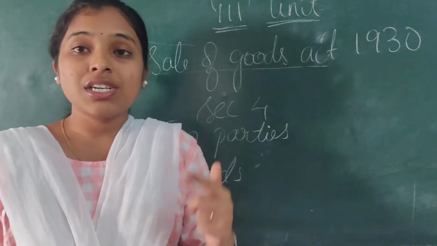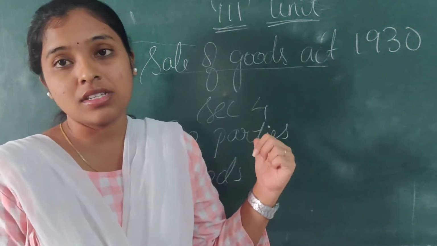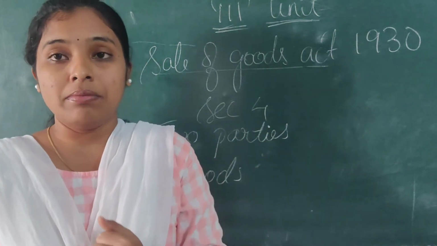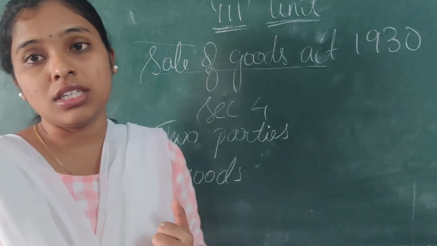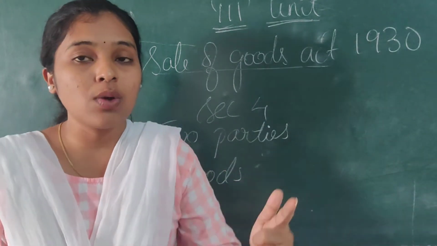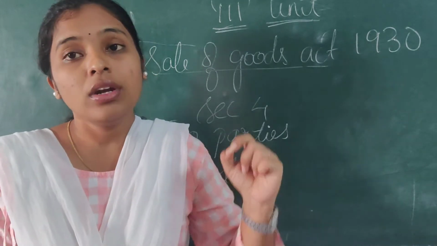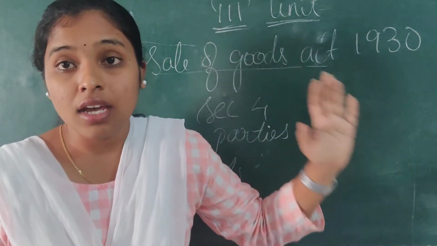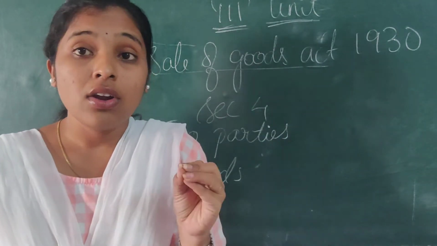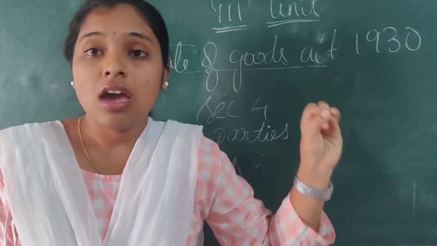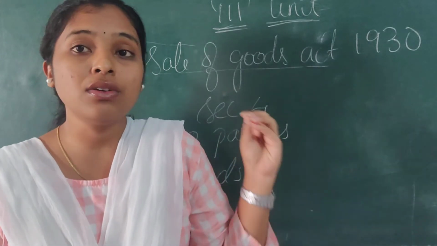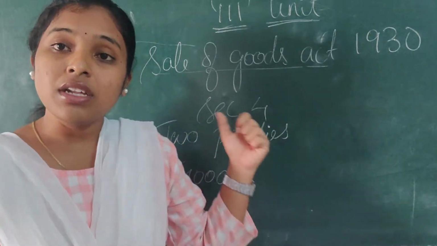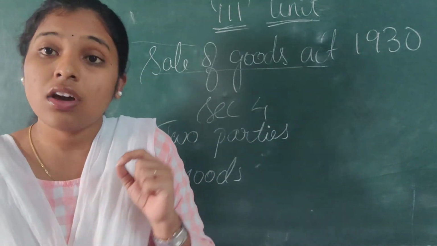For a transaction to happen between the persons, we require goods here. What type of goods do we require? We require only movable goods here. Immovable goods are not accountable in the sale of goods. They are not at all allowed.